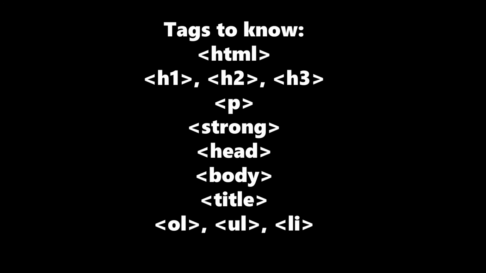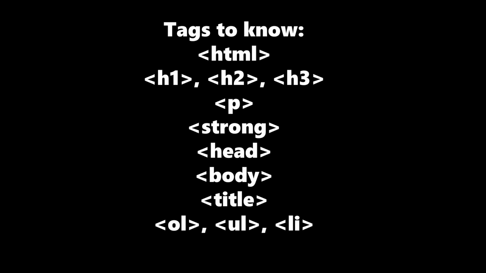We have HTML to start and end the HTML website. We have the headers. We didn't use H2 and H3, but they are there if you want to continue going down in smaller sizes. You have your paragraph tag that we used. We have the strong tag that makes things bold.